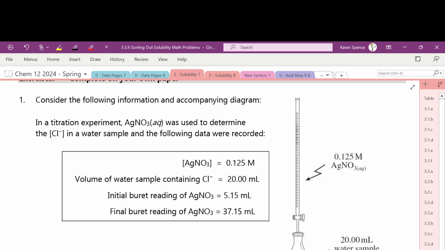So what we've got here is M2 equals M1 times V1 over V2. That is M1 V1 equals M2 V2.